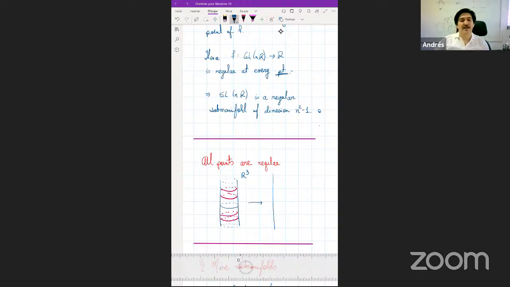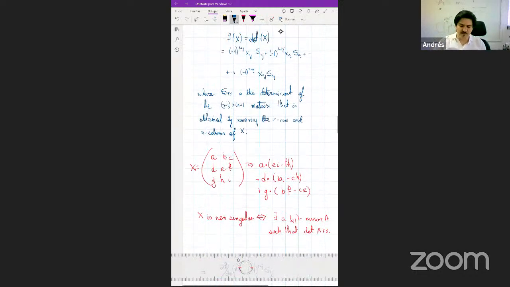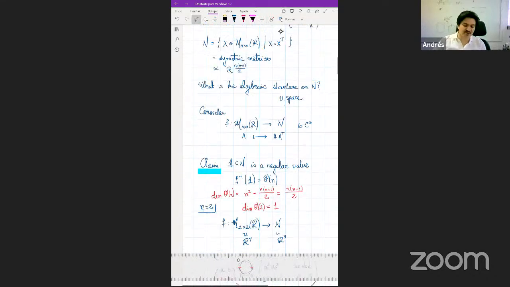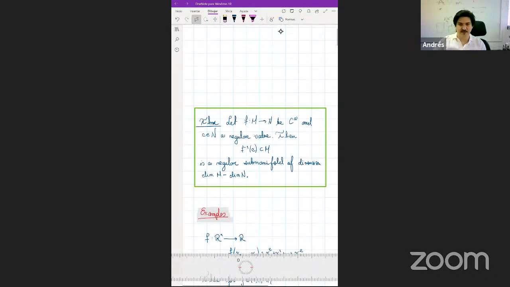Okay, so basically this is it about this result, the one that we proved or partially proved yesterday. The differential must be surjective, and then with the pre-image, we are done.